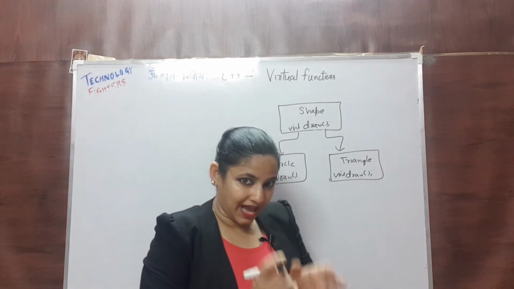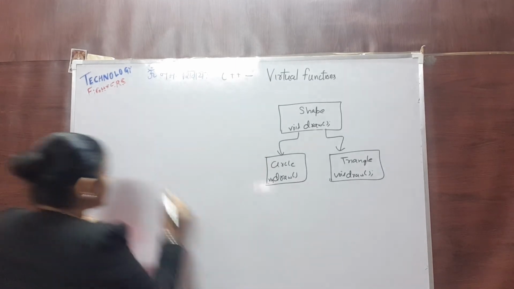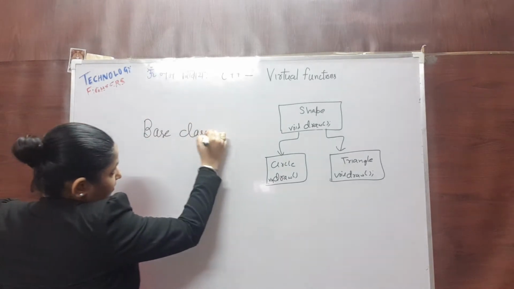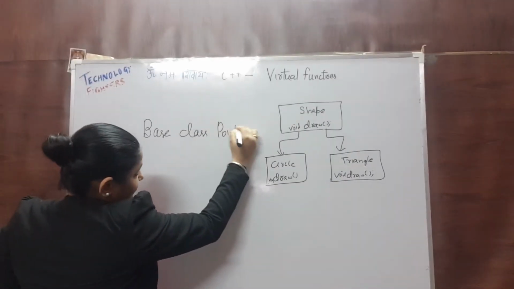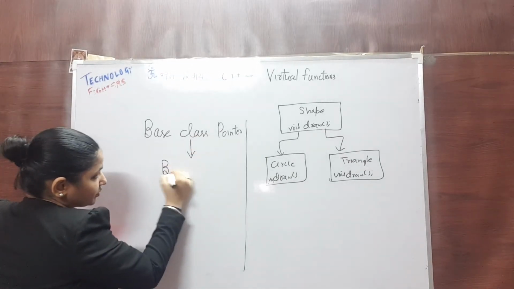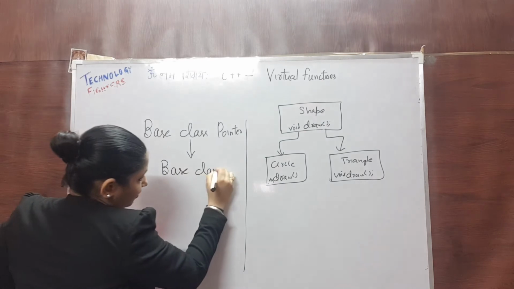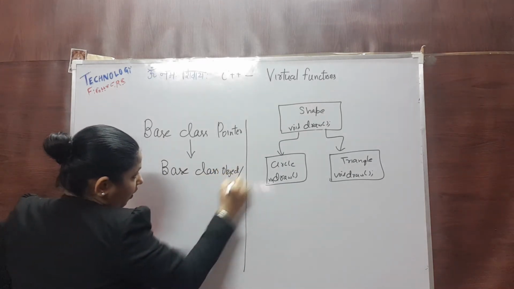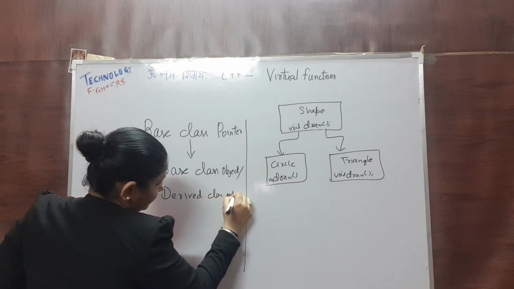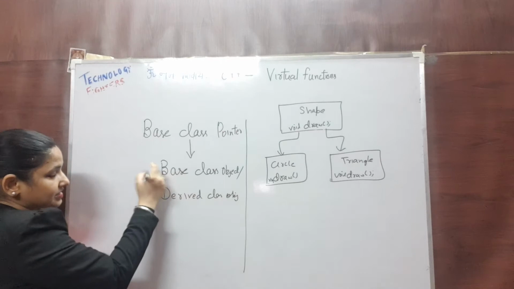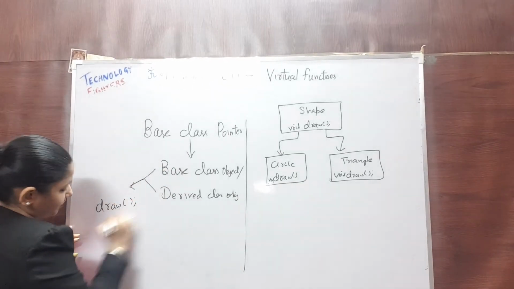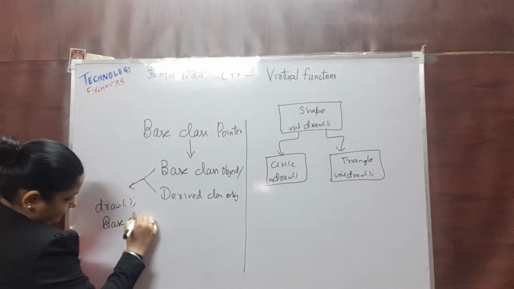So in the last lecture we saw that if we have a base class pointer, and this base class pointer is pointing to a base class object or a derived class object, then in both cases it was executing the draw function of the base class.